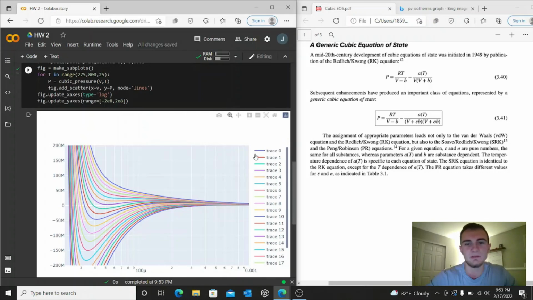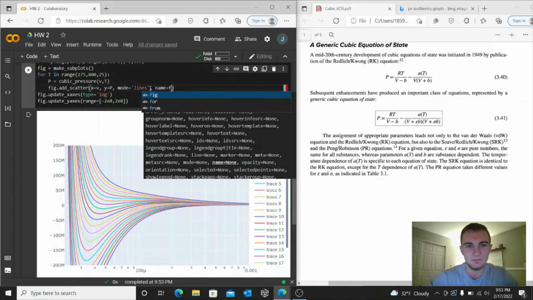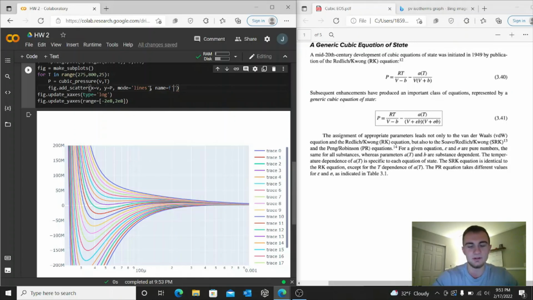So now let's take a look at our naming system over here. In order to get these to correlate to the correct temperature value that they're plotted at, we can say name, and we can use an F string here. On the F string, we'll label them temperature, and to get the actual temperatures, if we use these squiggly brackets here, we can insert our values for temperature that we have calculated.